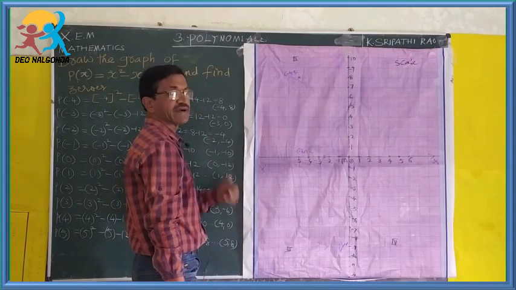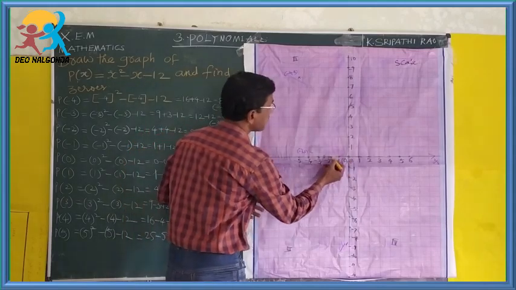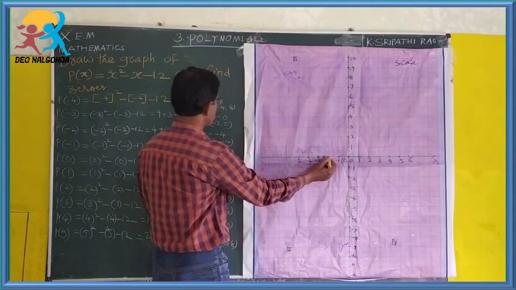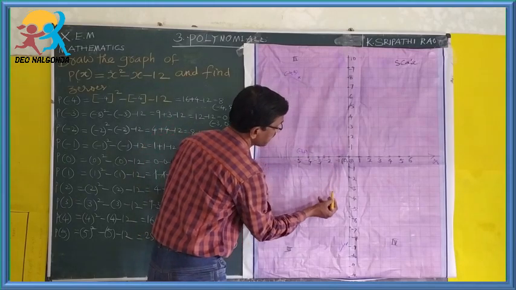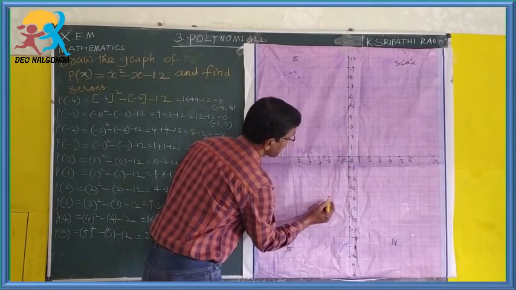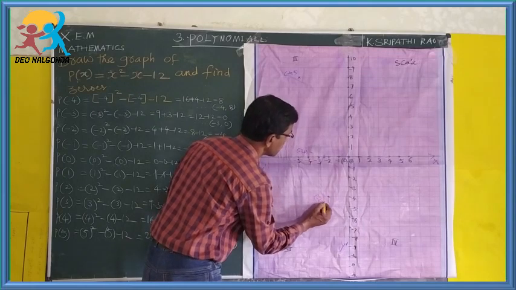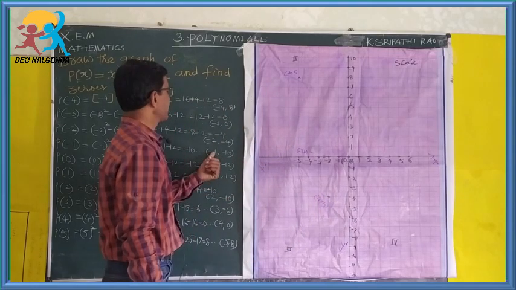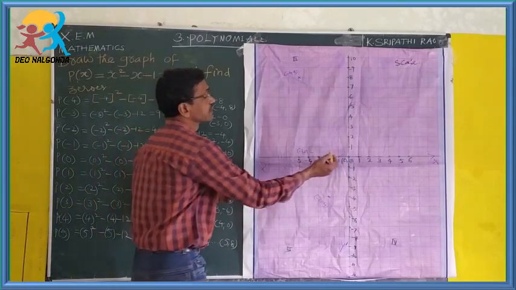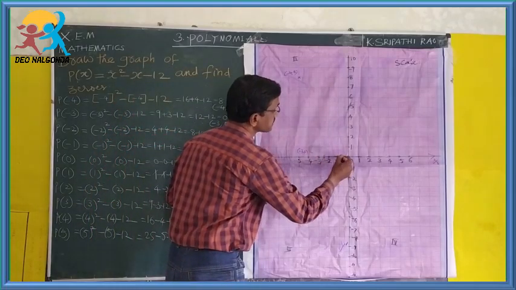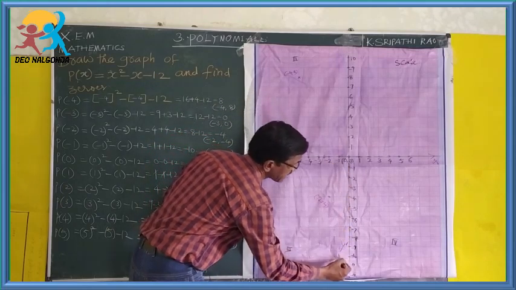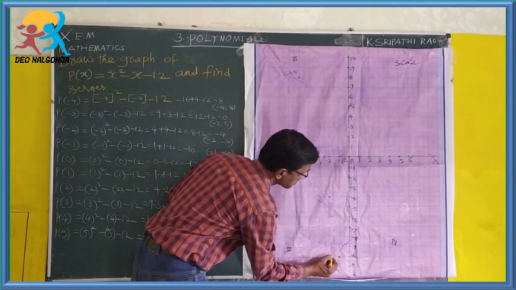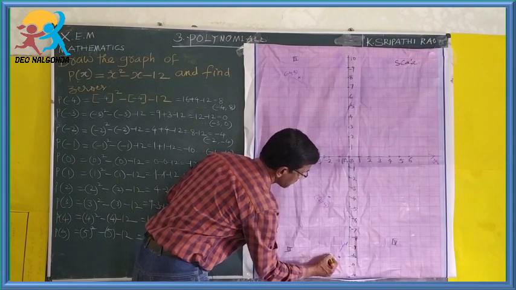Next minus 2 comma minus 4: backward 2 points, minus 4 means downward, 1 2 3 4. Here you have to locate the point minus 2 comma minus 4. Minus 1 comma minus 10: backward 1 unit and downward 10 units, because it is a negative number, this is minus 1 comma minus 10.